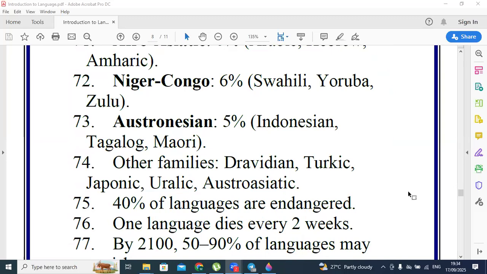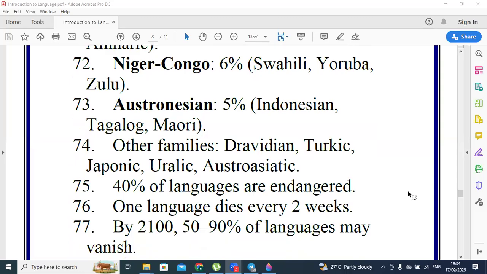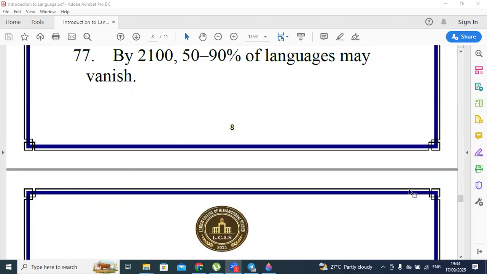Other families: Dravidian, Turkic, Japonic, Uralic, Austroasiatic. 40% of languages are endangered. One language dies every 2 weeks. By 2100, 50 to 90% of languages may vanish.